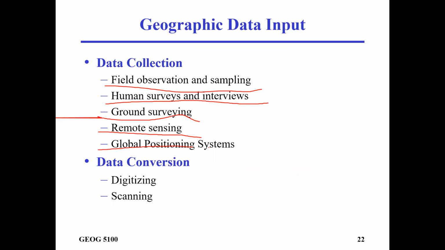Global positioning systems, these systems are formed by different satellites flying outside of the Earth, right? And what they are trying to provide is not the category or the value or variables from the surface.